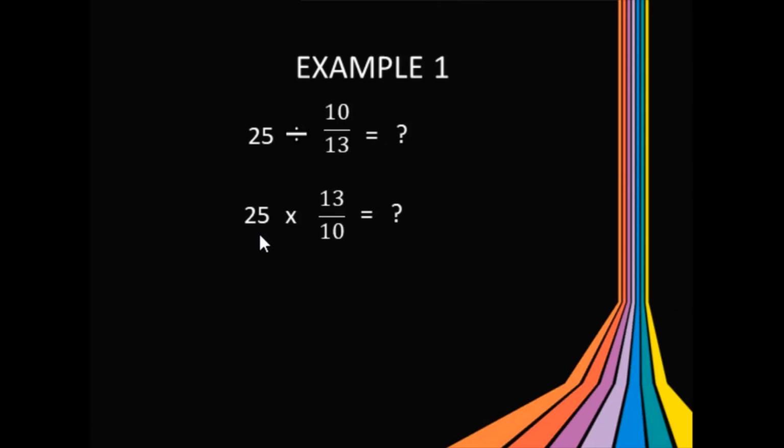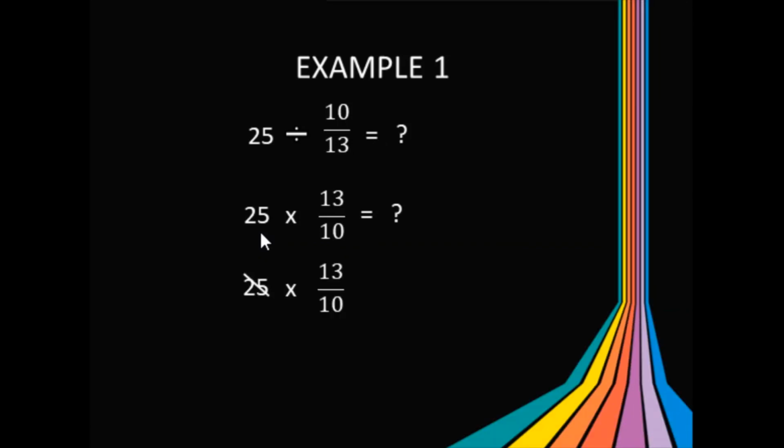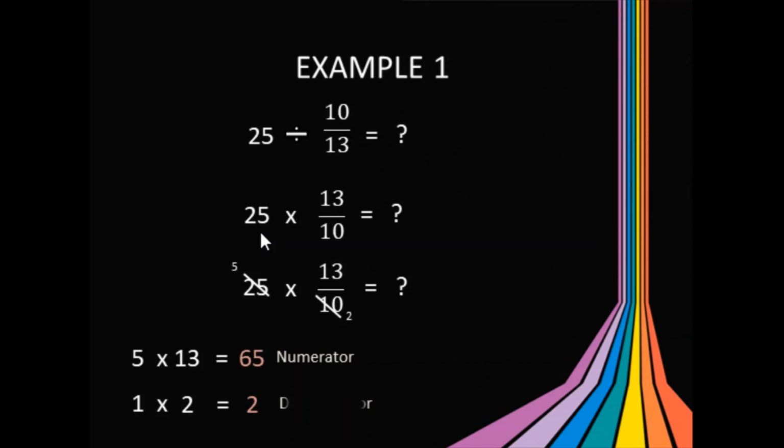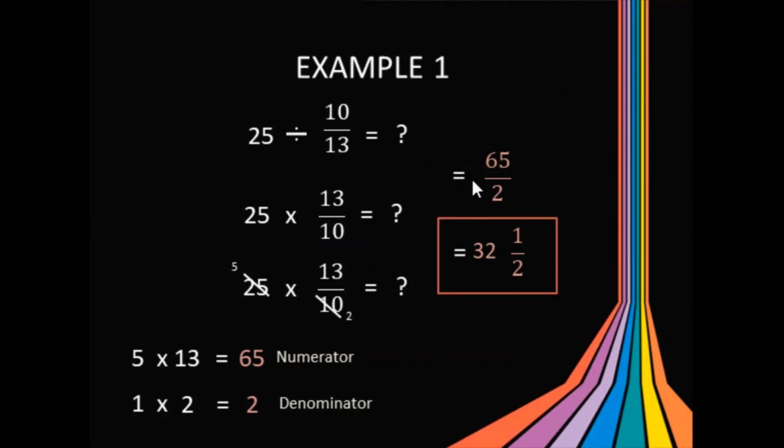So 25 now becomes 5. 10 becomes 2. We multiply 5 times 13. We get 65. 1 and 2, we get 2. 65 over 2, our answer is 32 and 1/2.